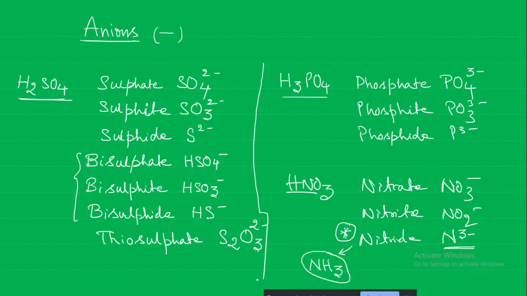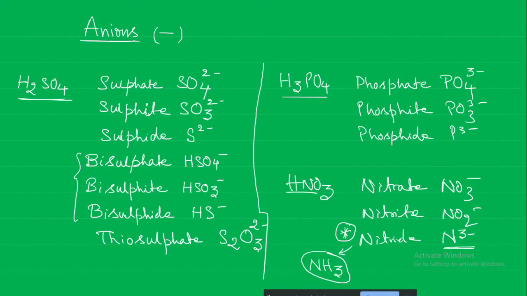Ammonia. Okay, nitride, if you hydrogenate it, ammonia. So on one side is nitric acid, on one side is ammonia. Use logic, try to remember. Okay, so far there is a pattern.